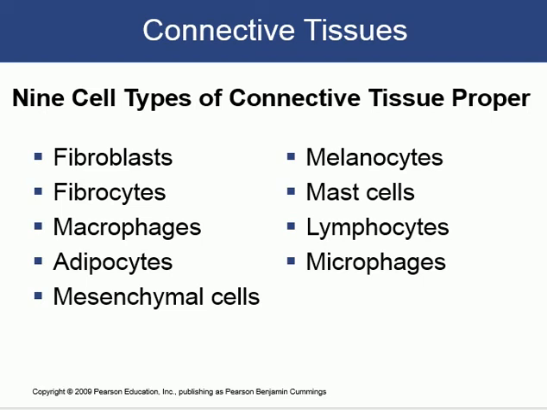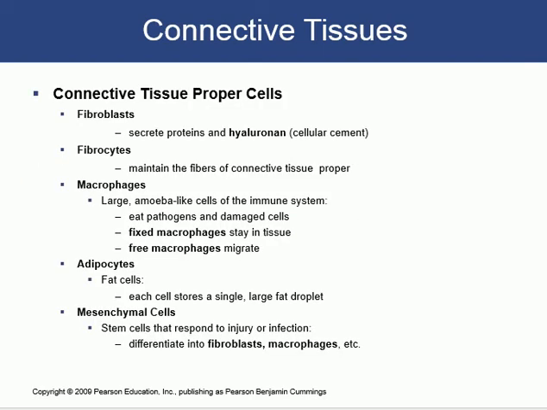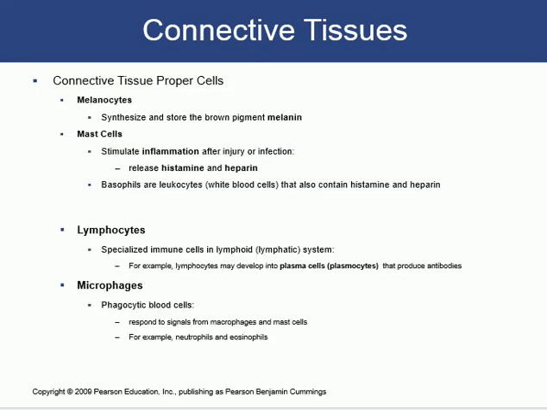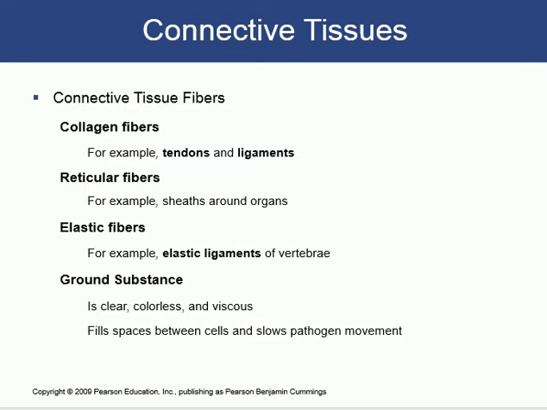Melanocytes, melanin, mast cells, two H's, lymphocytes. So you got the functions already, and this is very important, each one of those. And the cement is called hyaluronate or hyaluronan. The difference between fixed and free macrophage, and where do they come from? Macrophage versus microphage, I just mentioned that. So the function of each one of the cells.